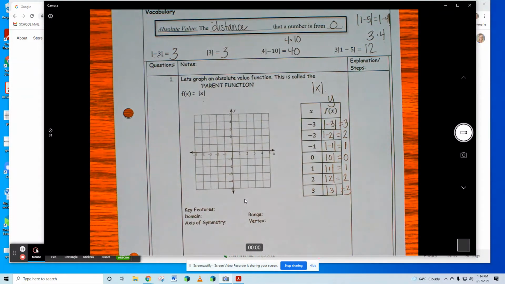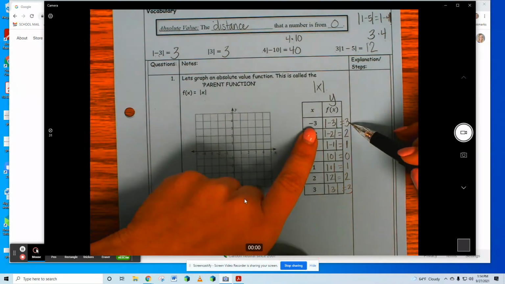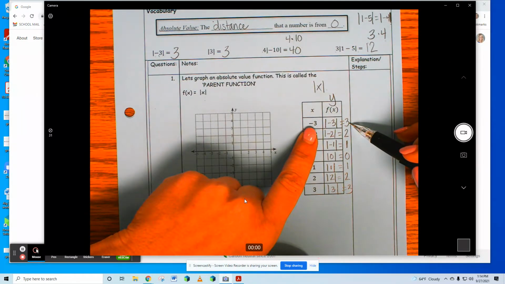All right, please plot these points, and you'll notice that it's like a perfect V shape. -3, 3. 3 to the left and up 3.